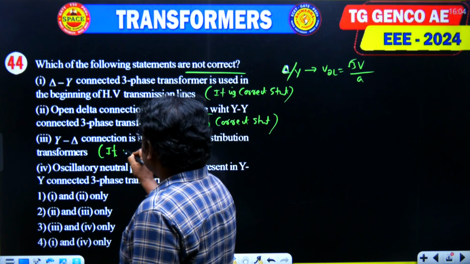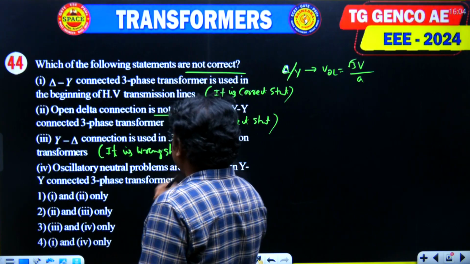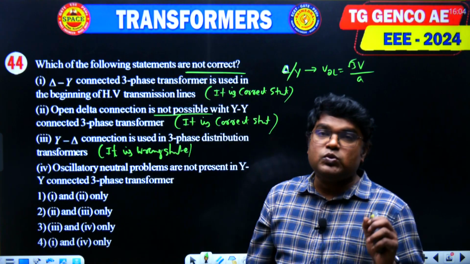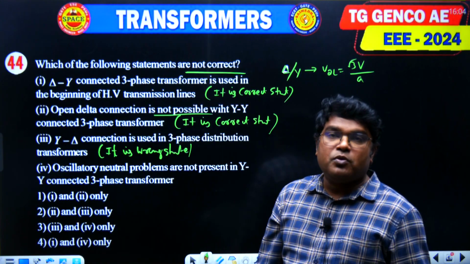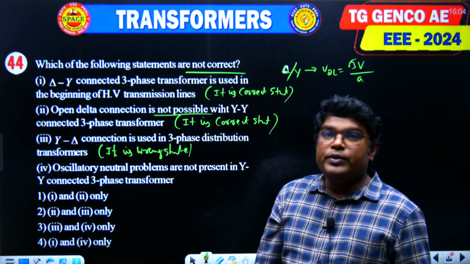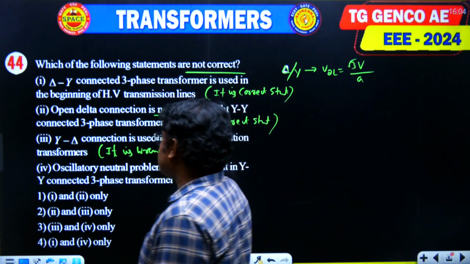Why? Because the delta star transformer is used in the distribution system, because the secondary star connection provides the neutral point, due to which you can supply power to single phase loads. So that's why it is the wrong statement.